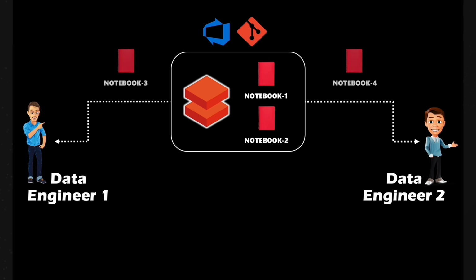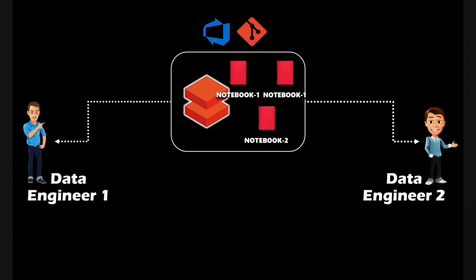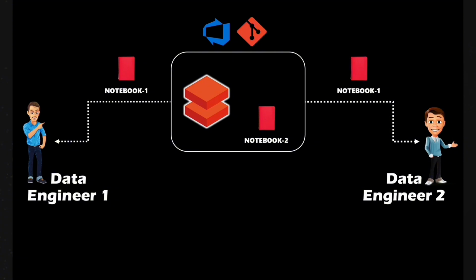Okay, now let's consider another scenario where both Data Engineer 1 and Data Engineer 2 are working on the same notebook, which is Notebook 1, in their respective feature branches. This is the only situation where merge conflicts will happen. The reason for this is, since both data engineers are updating the same file, when they merge their respective changes to the main branch, the Git repository will not know which changes need to be merged, whether the change done by Data Engineer 1 or the change done by Data Engineer 2.